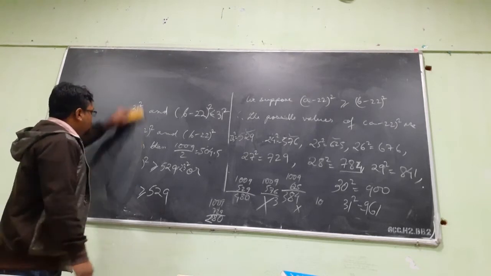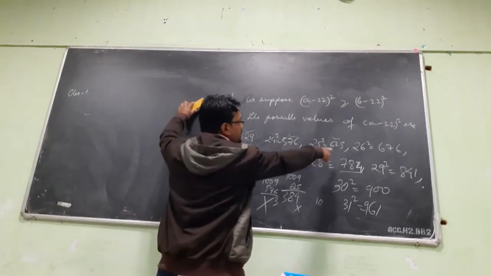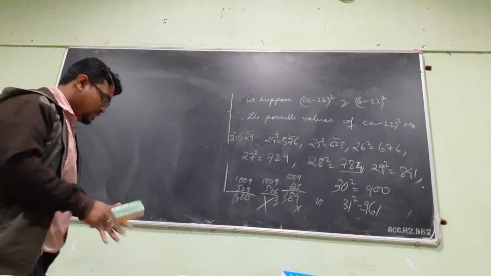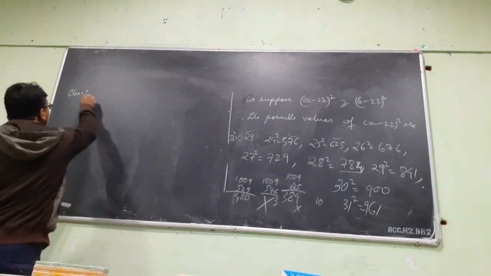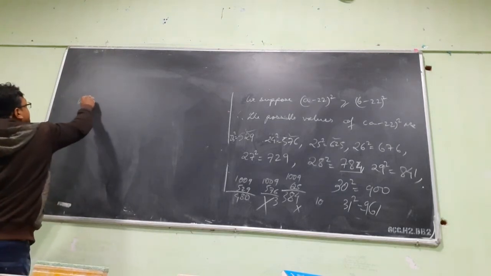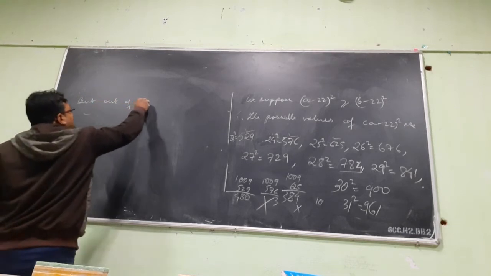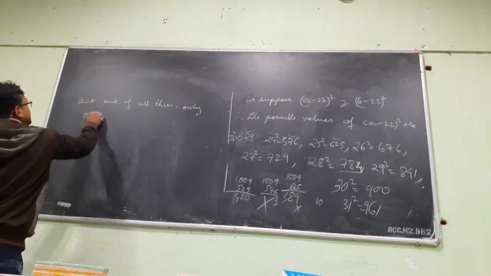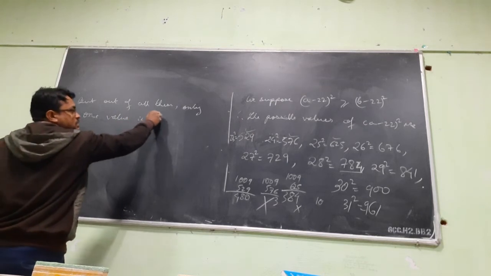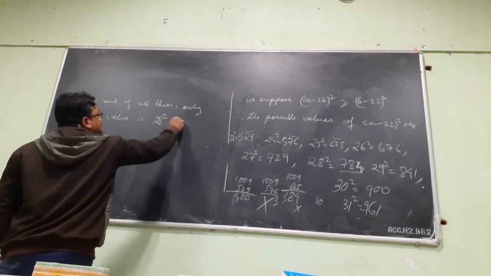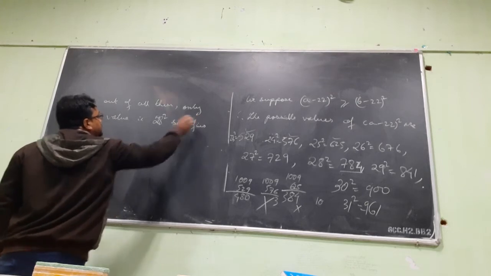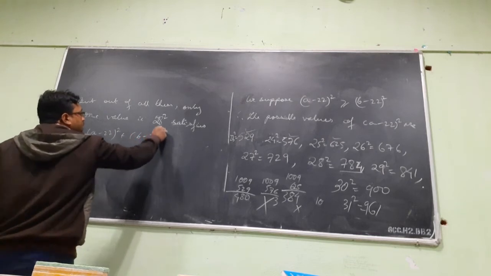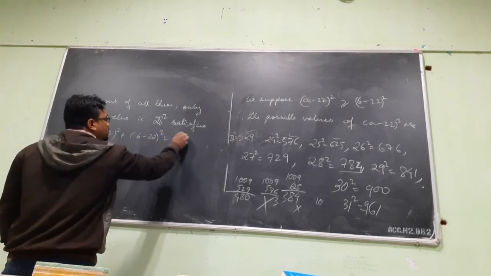So if one is 784, the other is 225. So there is only a single possibility. Out of all these, only one value, 28 square, satisfies (a minus 22) square plus (b minus 22) square equal to 1009.